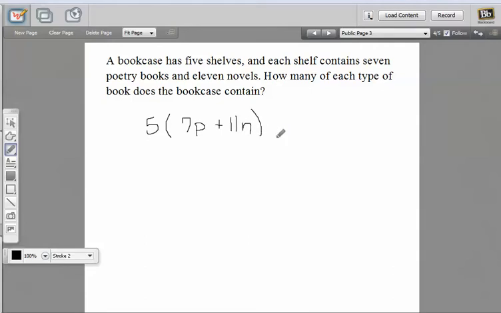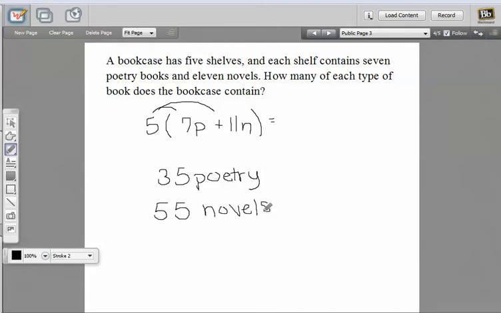So how many of each type? If we distribute the 5, 7 times 5 is 35, so it would be 35 poetry, and 5 times 11 is 55, so there will be 55 novels.